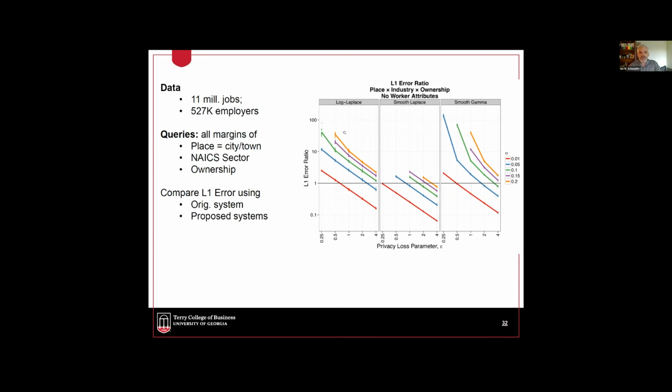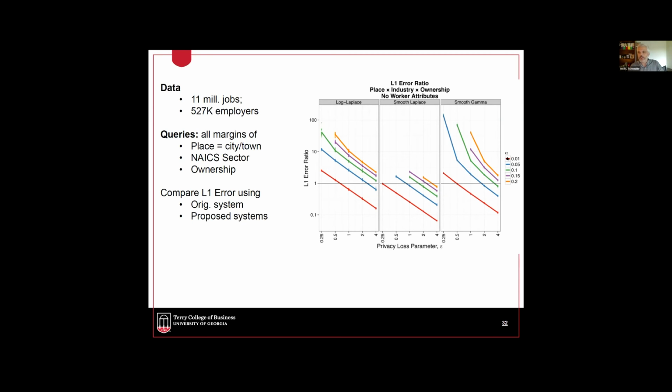What we see is that the log Laplace and smooth gamma, so we have epsilon on the horizontal axis, and each of the lines here corresponds to different settings for alpha. As alpha changes, we're changing what it is that we're providing a privacy guarantee of.